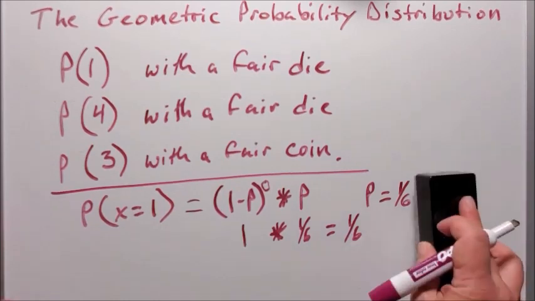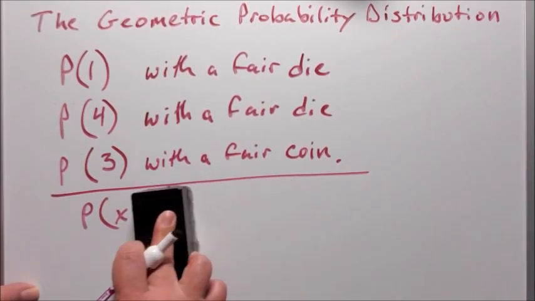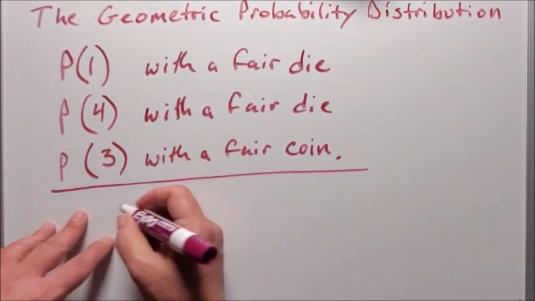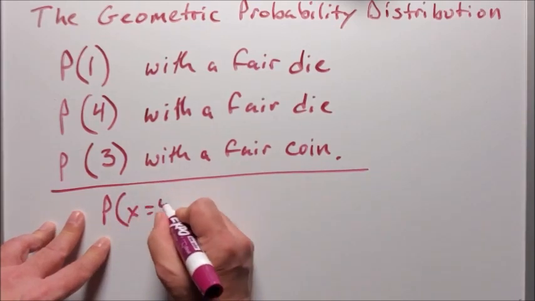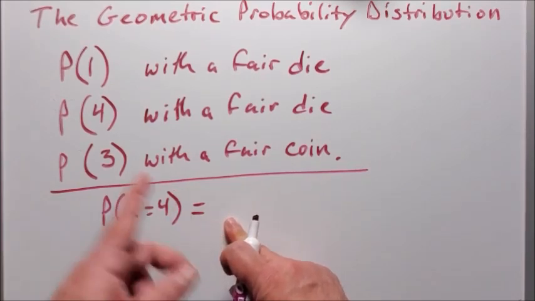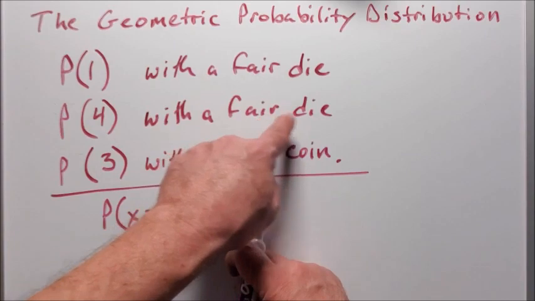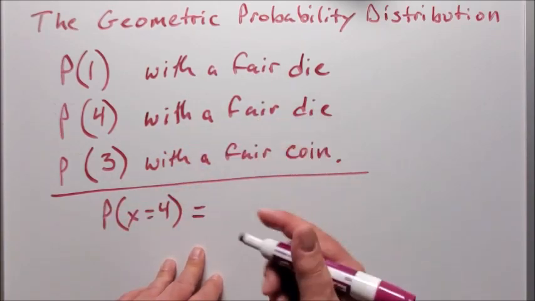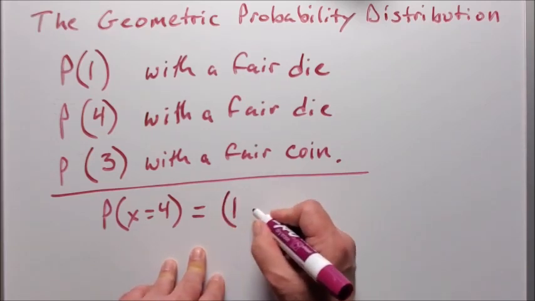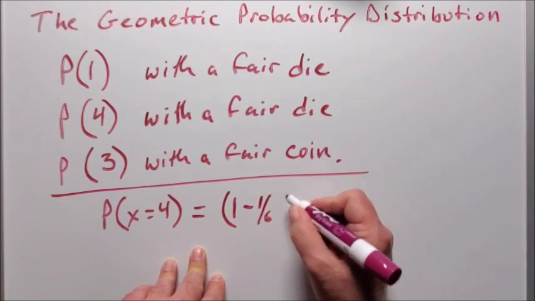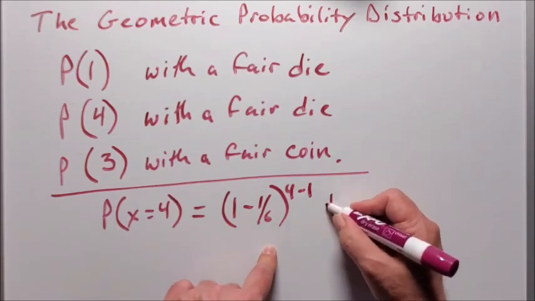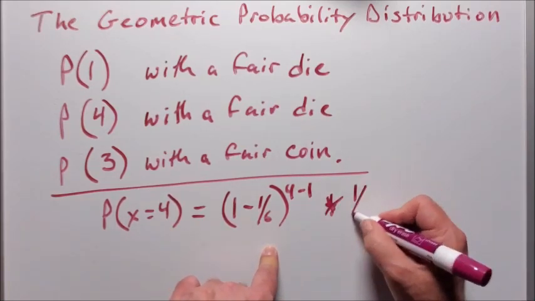Okay, let's continue. The probability of 4. Let's make that clean. The probability that x should equal 4 is, now instead of using p, I'm going to plug in the probability of any outcome with a fair die, which is always going to be 1/6 if the die is fair. So that's going to be 1 minus 1/6 to the x minus 1 power, that's going to be 3, times the probability of success, 1/6.